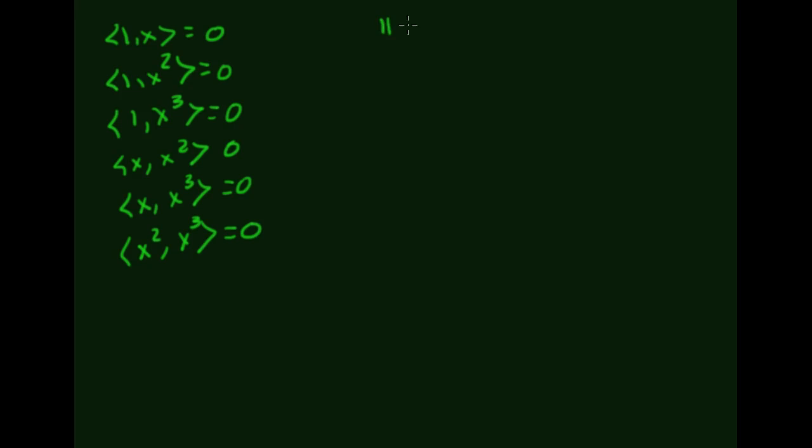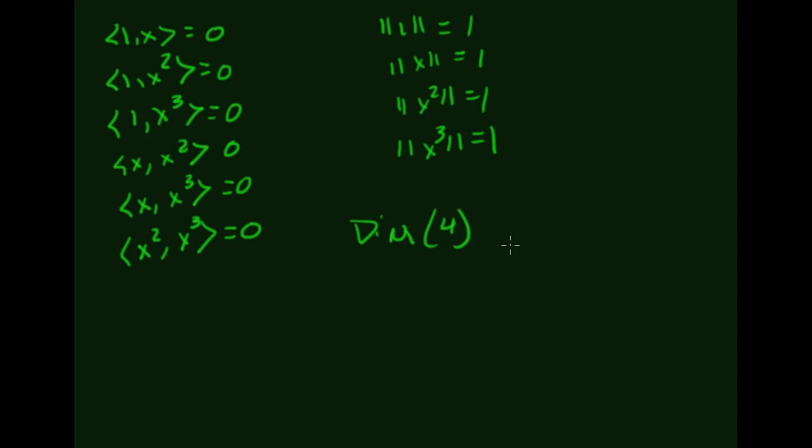If I take the magnitude of each one, I do get 1. And finally, this means that I'm orthonormal, and the size of the set is 4, right?